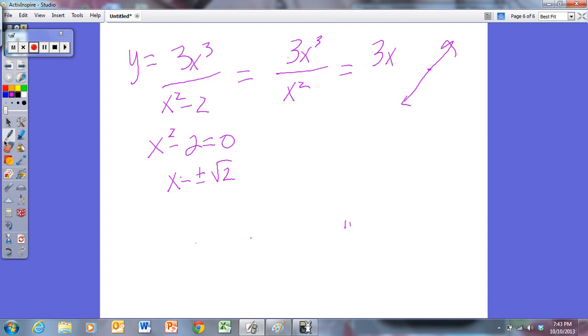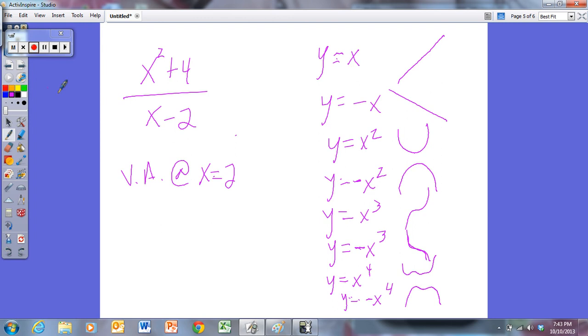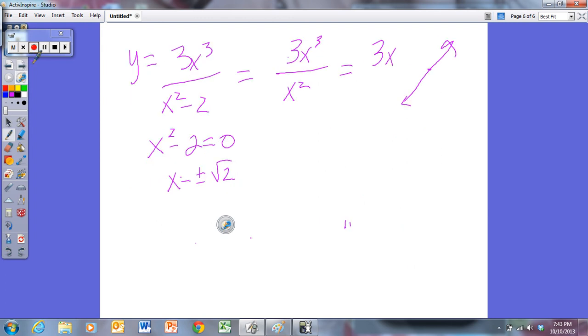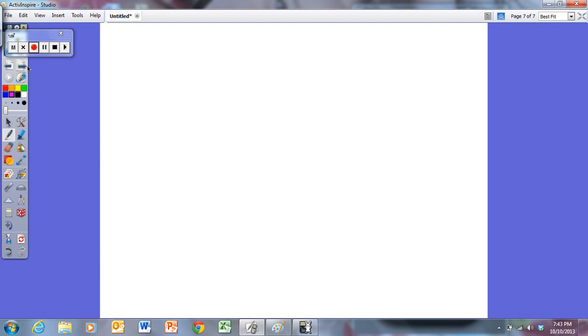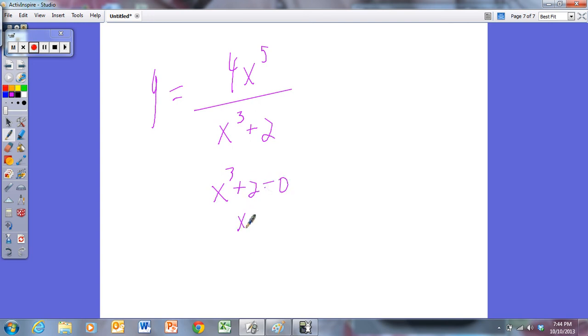Let's look at a cool one. That one was kind of boring because it was just a line. But what happens with y equals 4x to the 5th over x cubed plus 2? Now again, there is a vertical asymptote.